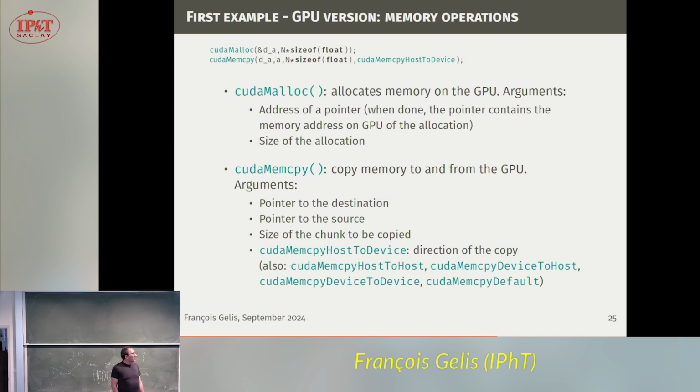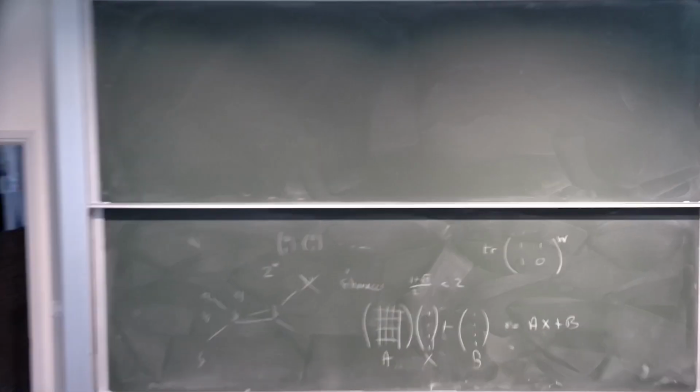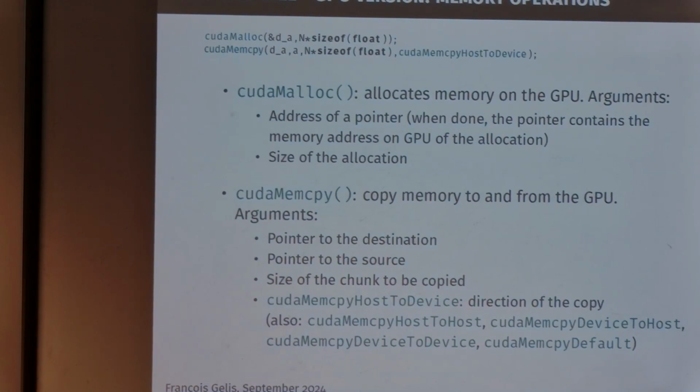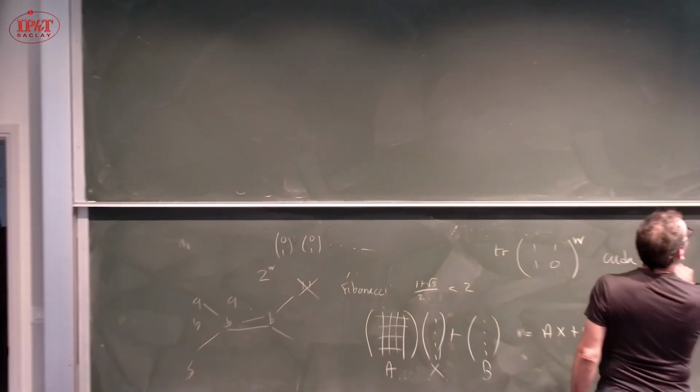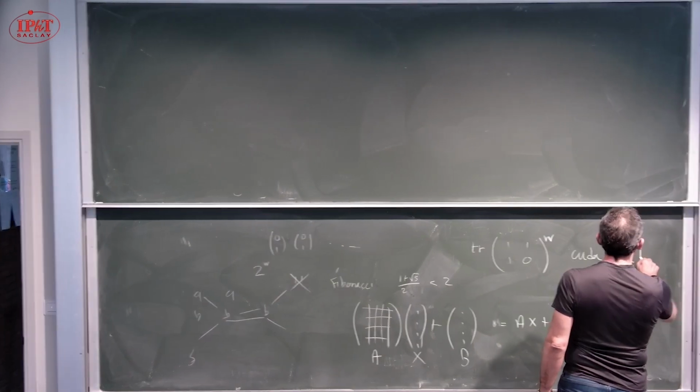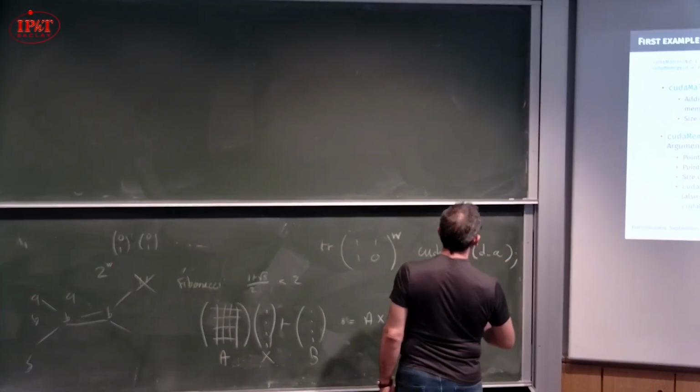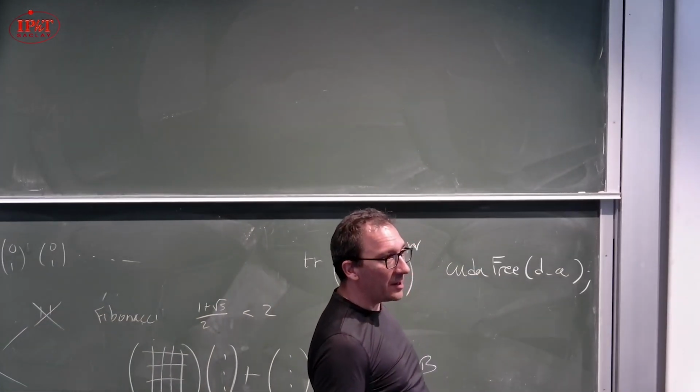So how do you free it? It's called CUDA free. I will write the syntax. So suppose you want to free the memory that was allocated with the first CUDA malloc. I believe you will do CUDA free d_A. Yes, it's just this. Okay, thank you.